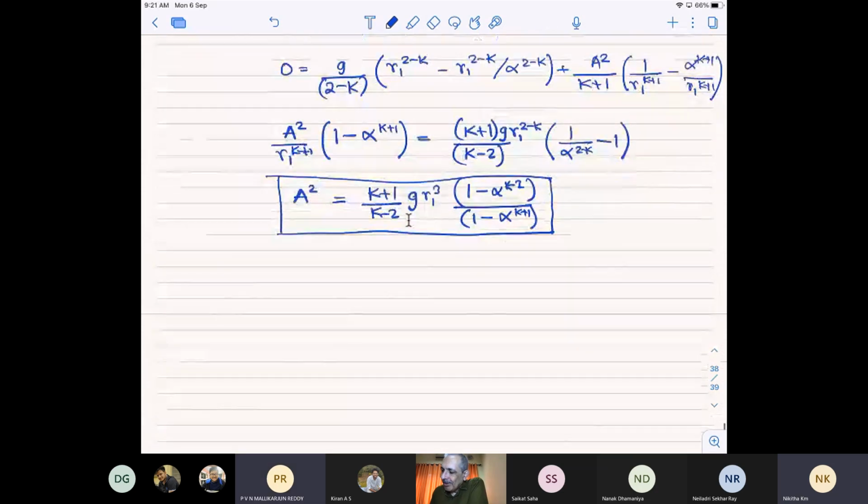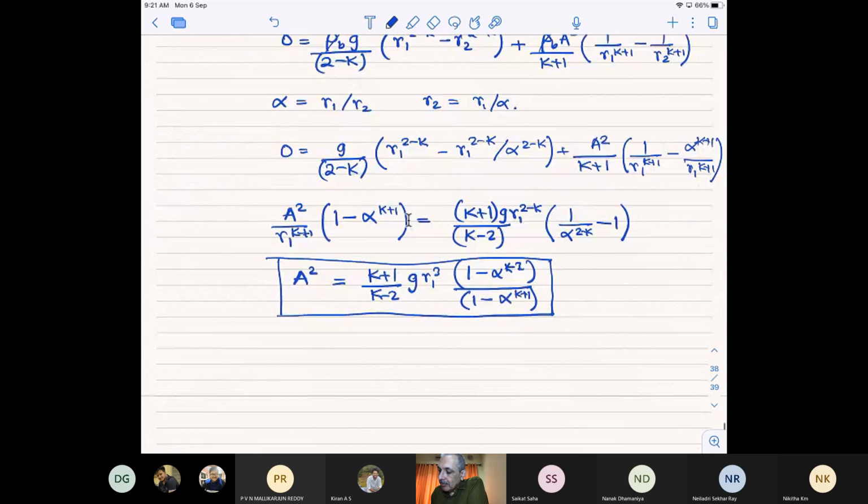I think it's good that you caught the mistake, but this is the final result that I get, because finally we know alpha is always going to be less than 1, because R1 is much less than R2. So alpha is always going to be less than 1. That's why this term in the second last step on the right hand side should be 1 minus 1 by alpha to the power 2K.